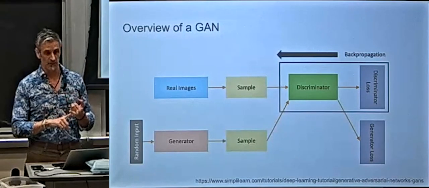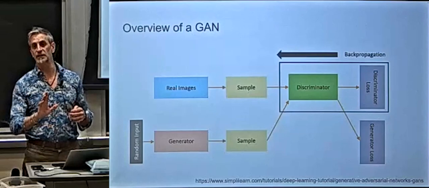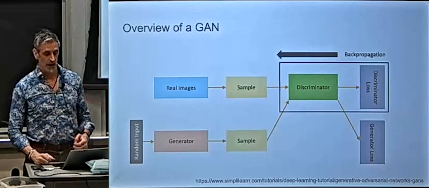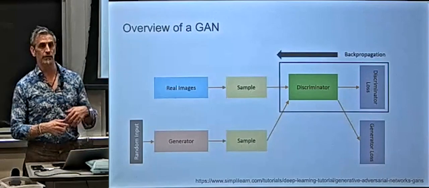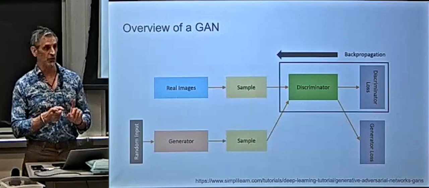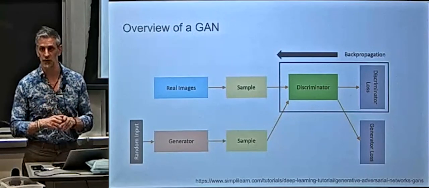And so the generator is under pressure to try to make fakes that look like they could have actually come from the training set. And the discriminator is under pressure and is being optimized to be a good classifier and be able to spot the fakes from the real ones.